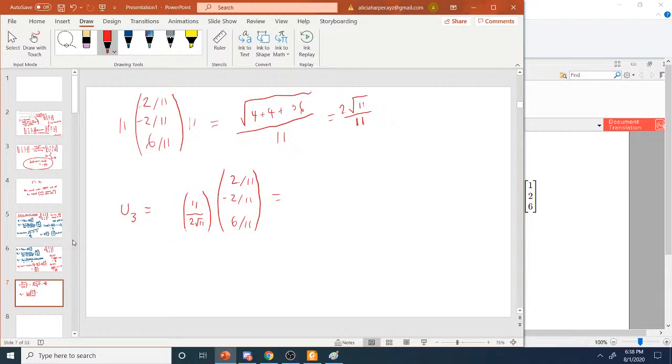And so this is going to give me the vector 2, negative 2, 6, all multiplied through by the scalar 1 over 2 times the square root of 11.